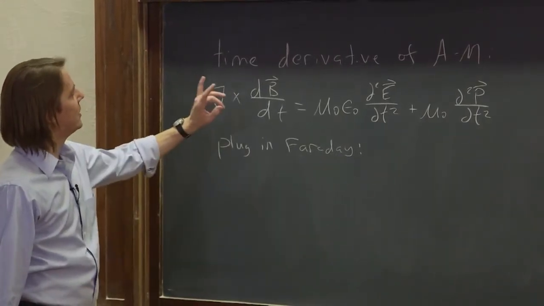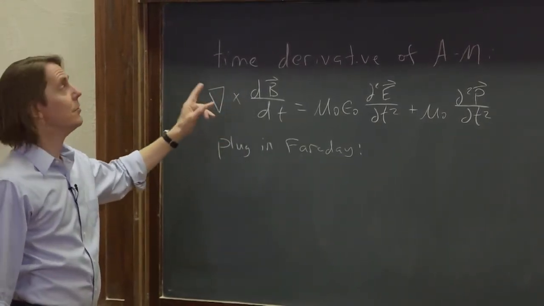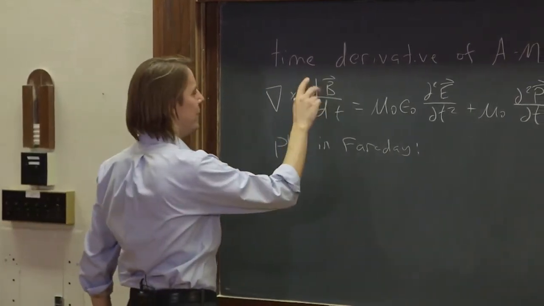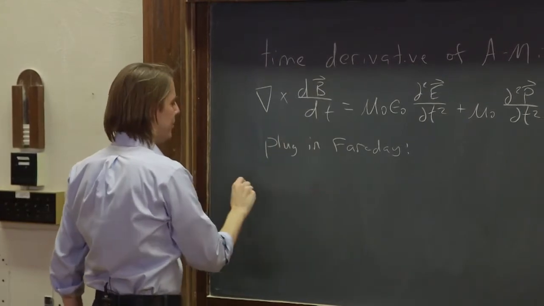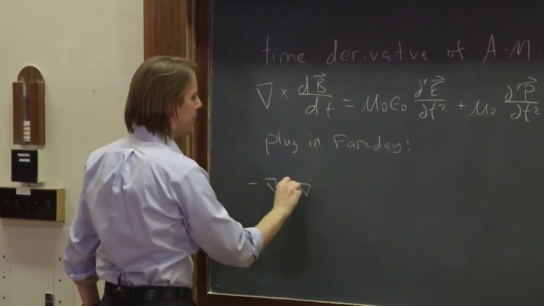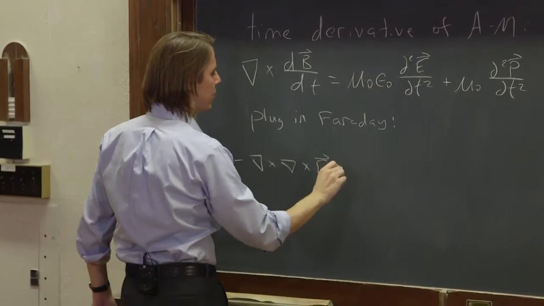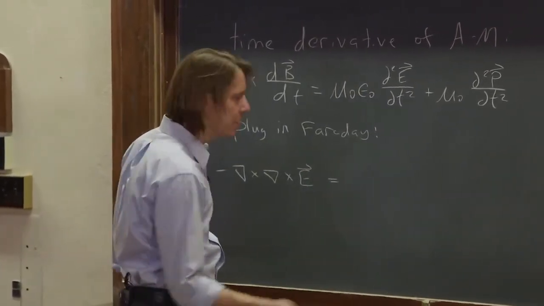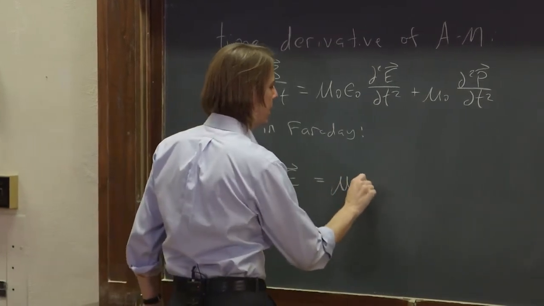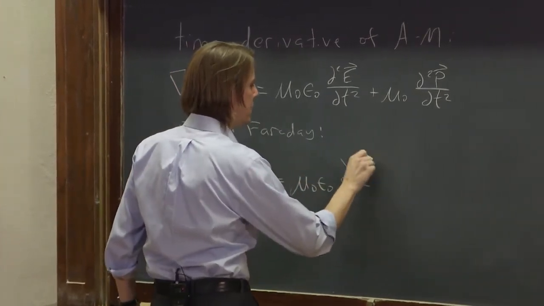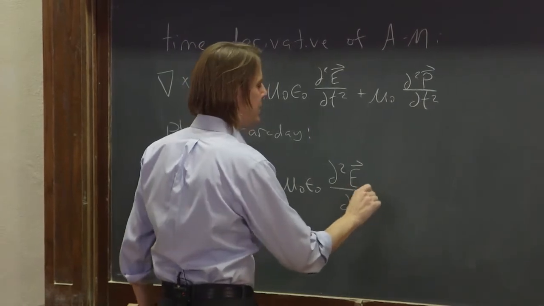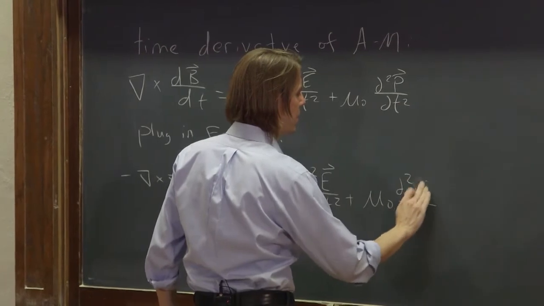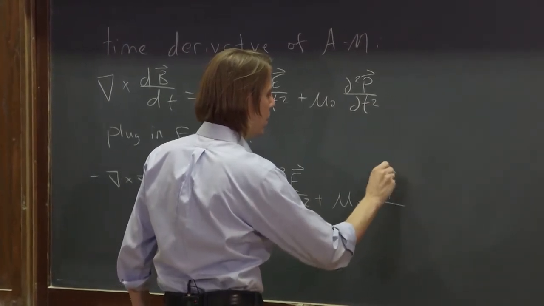And that just tells us that dB/dt is the negative of the curl of E. So that makes this become minus del cross E. So it becomes minus del cross the curl of E equals, and on the right is still the same, mu naught epsilon naught d²E/dt² plus mu naught d²P/dt².